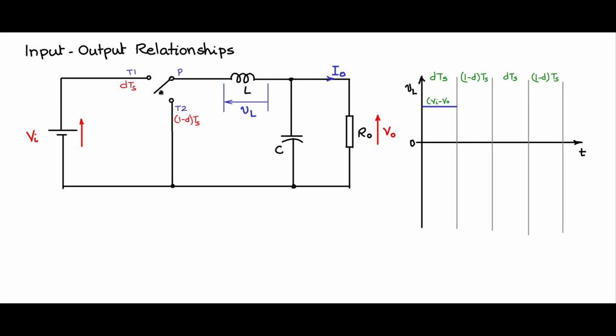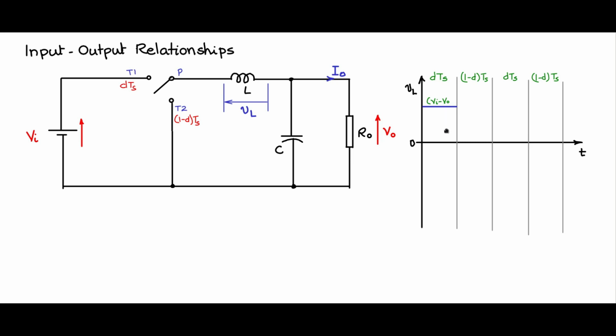Then during the time (1 minus d)Ts, P is connected to T2. So this is grounded. The inductor is freewheeling. So let us say the voltage here, Vp, is 0, but V0 is there because V0 doesn't discharge so quickly. We are talking of a switching cycle. So minus V0 appears across the inductance.